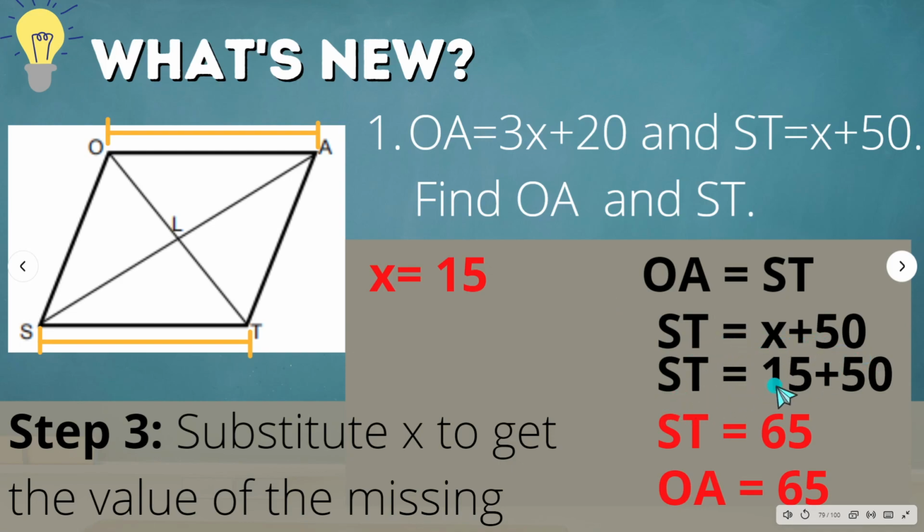Side ST equals, substituting the value of x, 15 plus 50. Therefore, ST is equal to 65. How about OA? Since they are congruent, OA is also equal to 65.